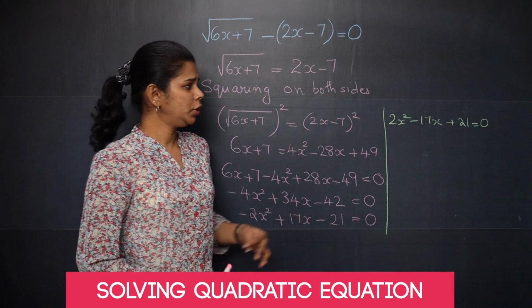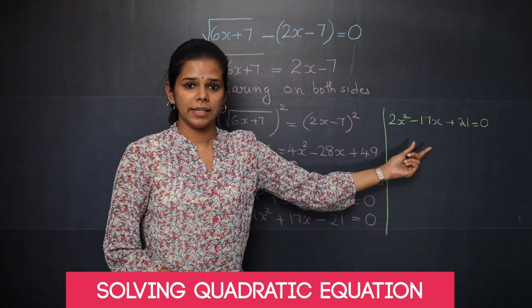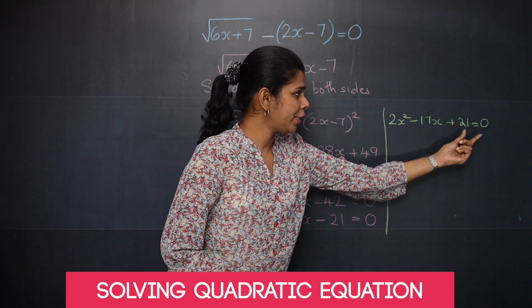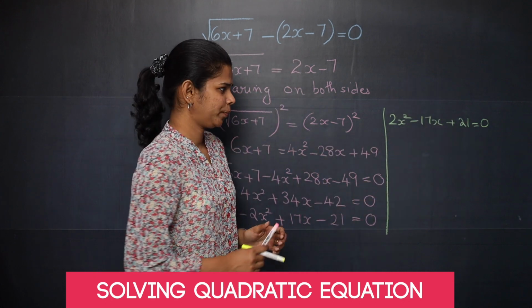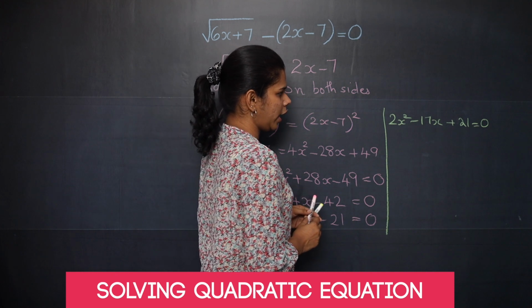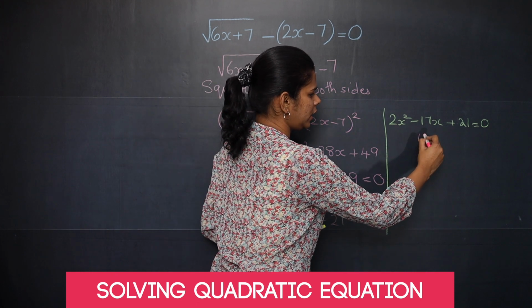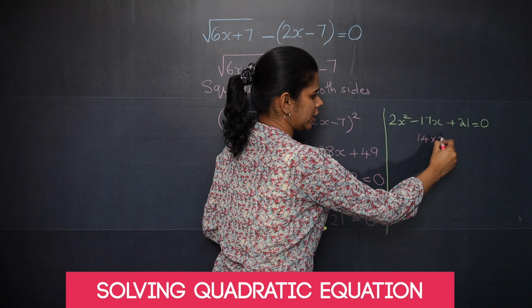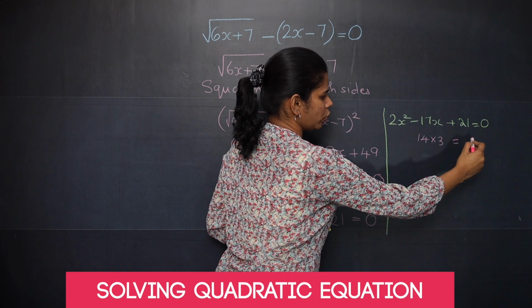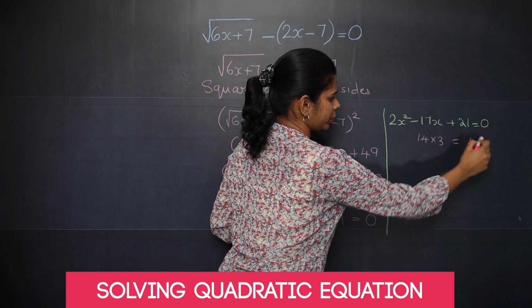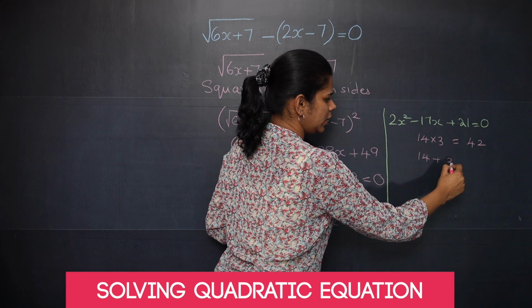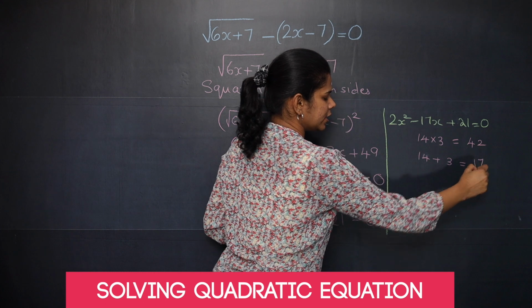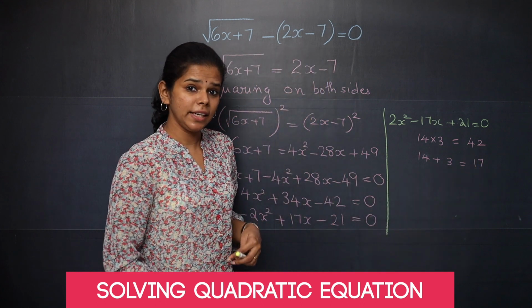Now you need to get the sum negative 17 and product 2 into 21, and that is 42. So you know that 14 into 3, that is 42, and you can see 14 plus 3 is 17, but you need to get negative 17.